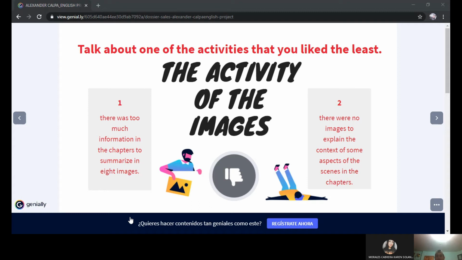Two, also sometimes there were no images to explain the context of some aspect of the scenes in the chapters. I think the activity could have been better if this had been added to the images to further explain the context.